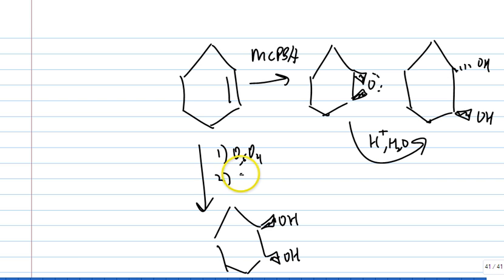So let's go over how that works. When you have a double bond like this, these two carbons are trigonal planar, so this whole thing is flat. This is what OsO4 looks like.